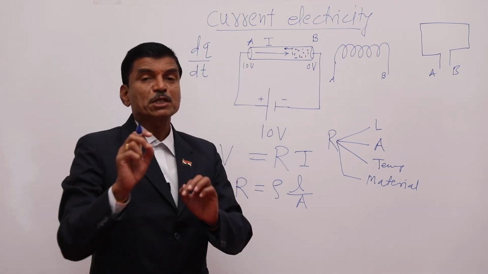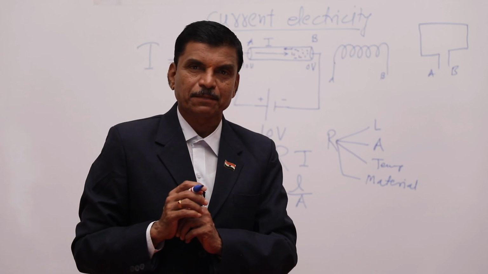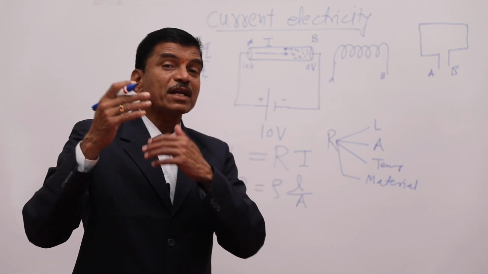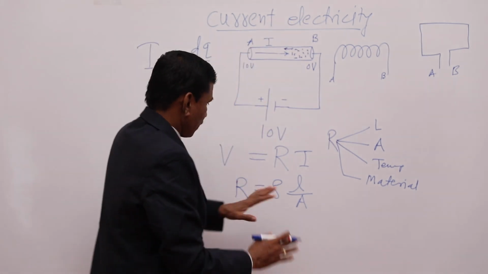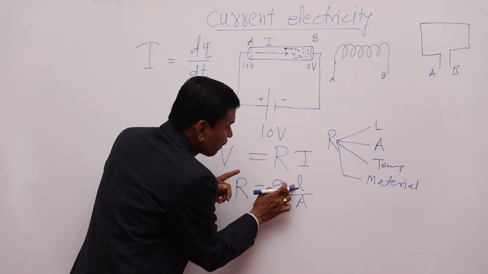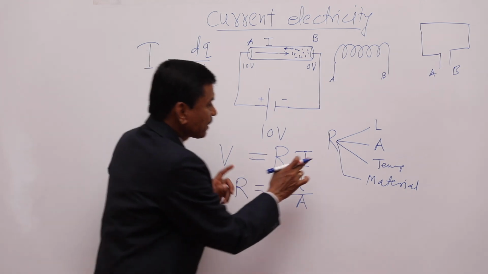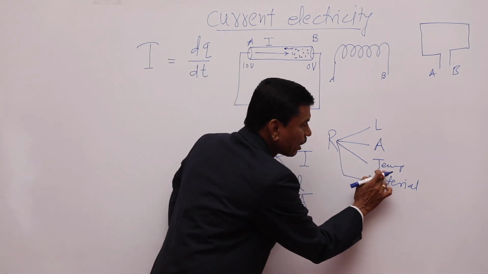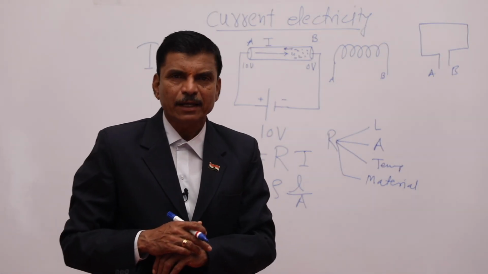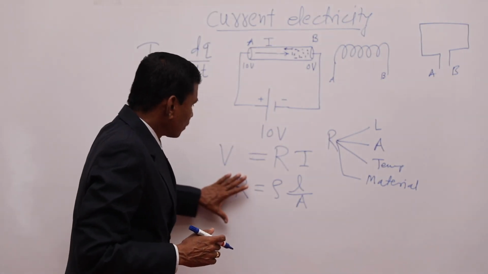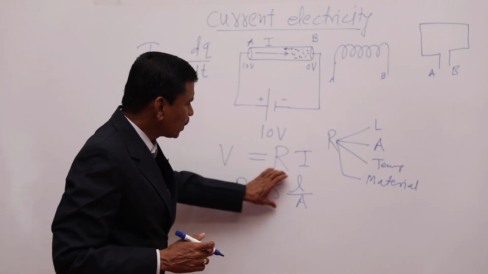It is called the specific resistance of the conductor, also called resistivity of that material. See here, this resistivity doesn't depend upon length and area of cross section, but only upon temperature and material. We have studied all these things. So resistance R will be equal to rho L by A.